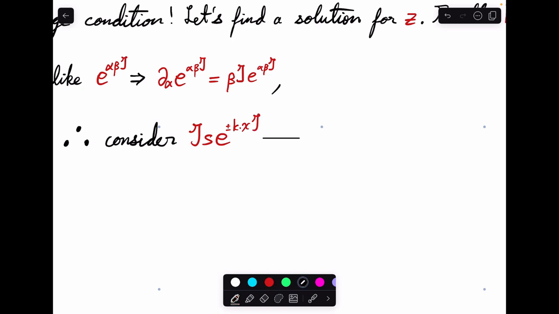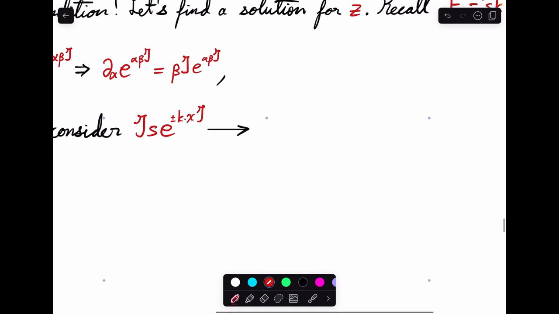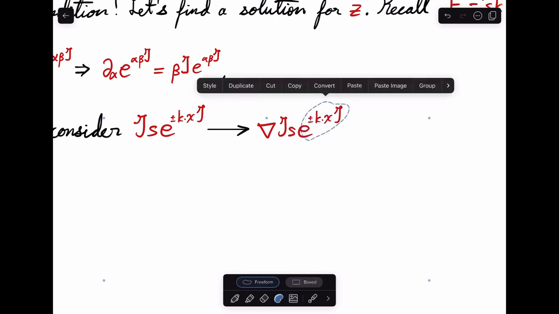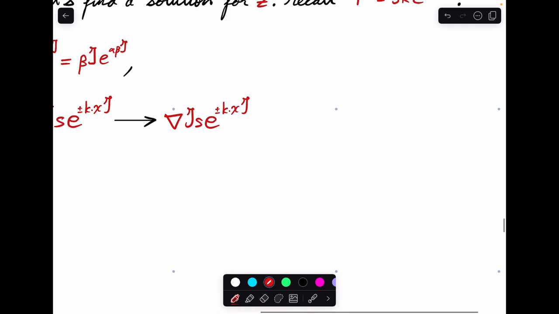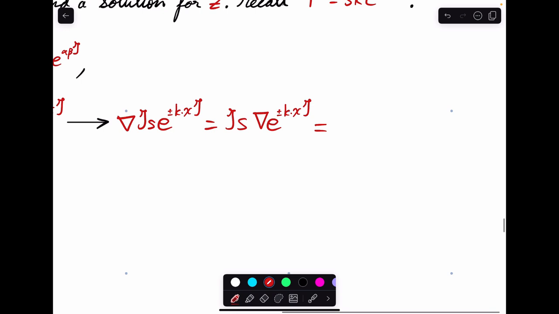If we consider that, then the gradient of IS E, I'm just going to copy this so I don't have to rewrite it every time. The gradient of this, well, I and S aren't going to change, so you can factor that out. Then taking the derivative, you get this I right here, and this K will come down.